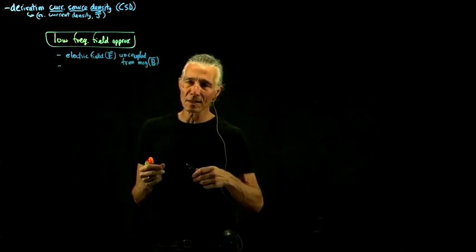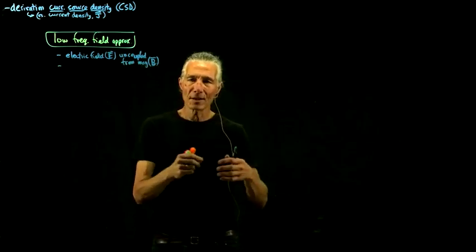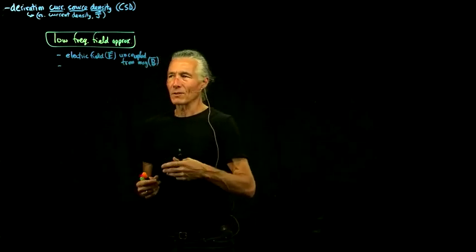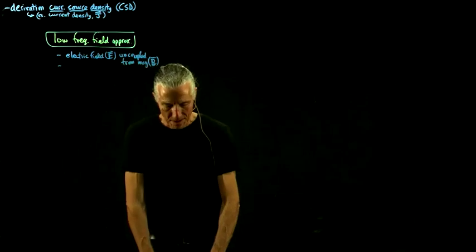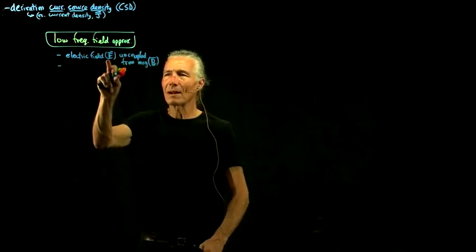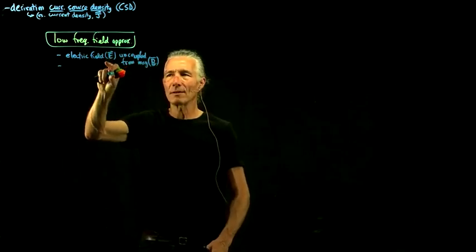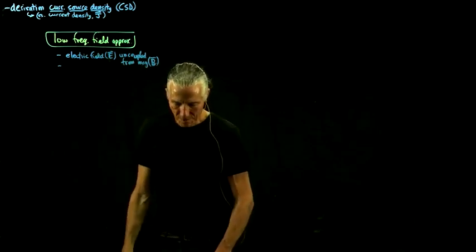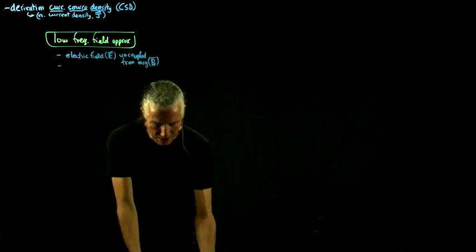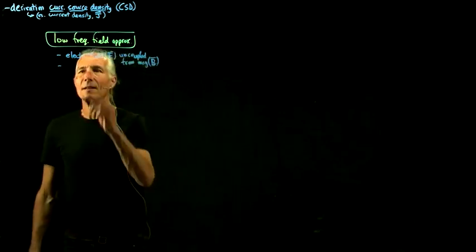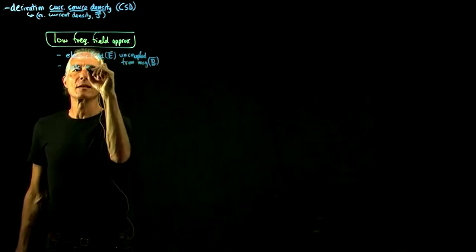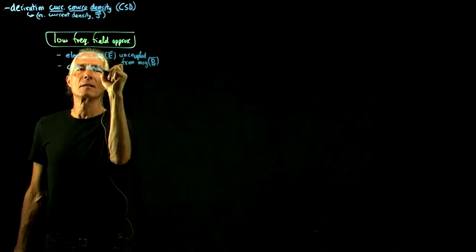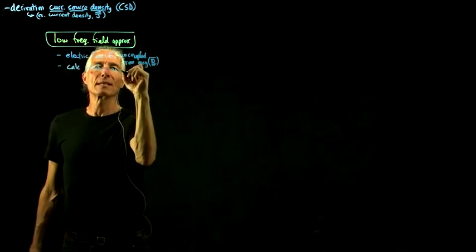So there are still currents causing magnetic fields, or changes in magnetic fields causing currents, but you can ignore this more complicated coupling that causes radio waves. So basically, you calculate electric fields as if magnetic fields didn't exist.